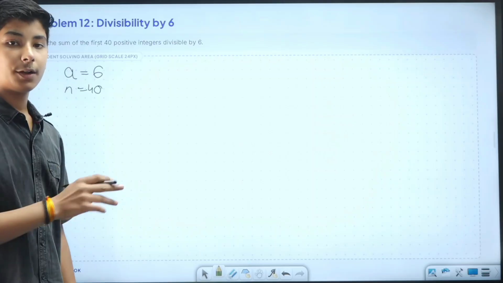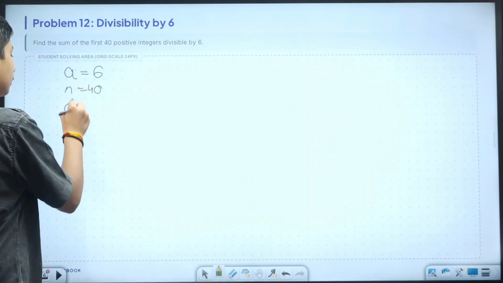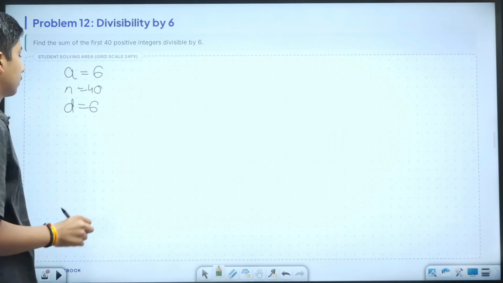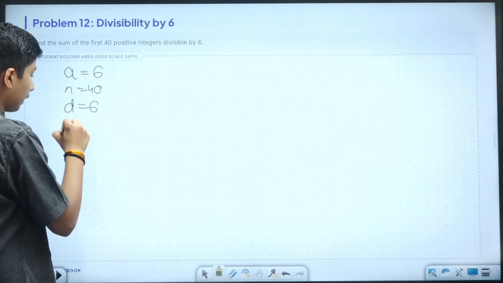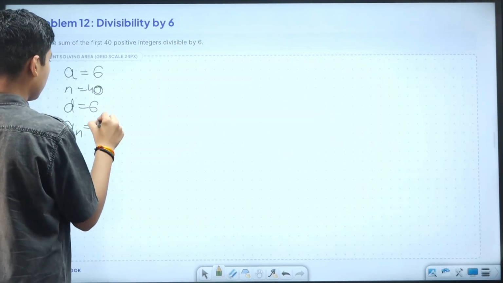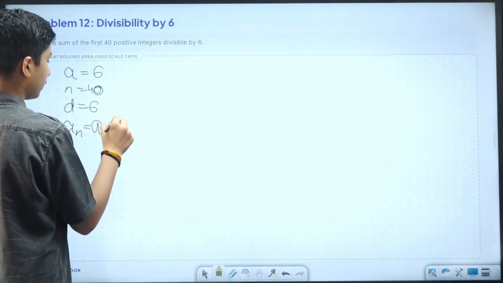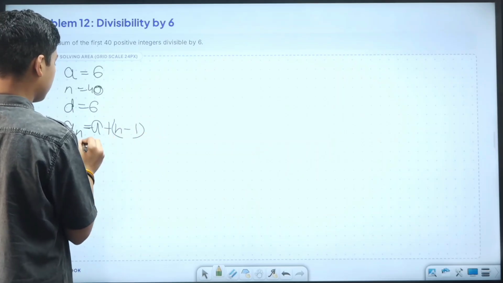Now we can find out the last term. We'll have to find out the last term because d is also 6. Last term means an equals a plus n minus 1 into d.